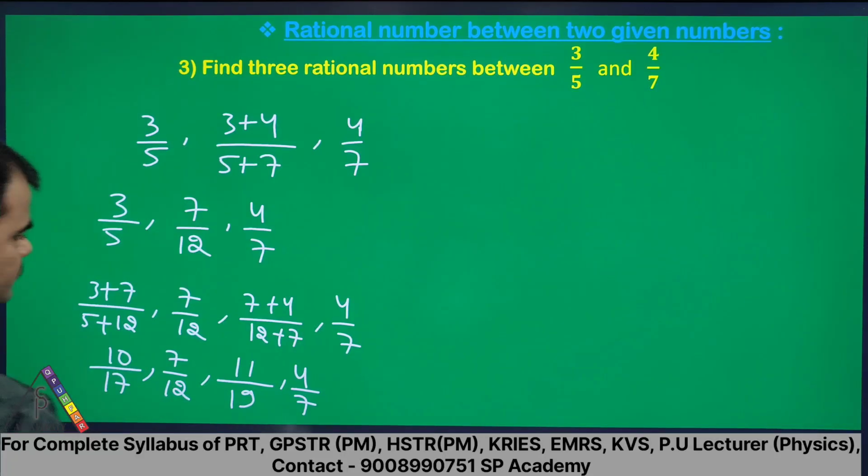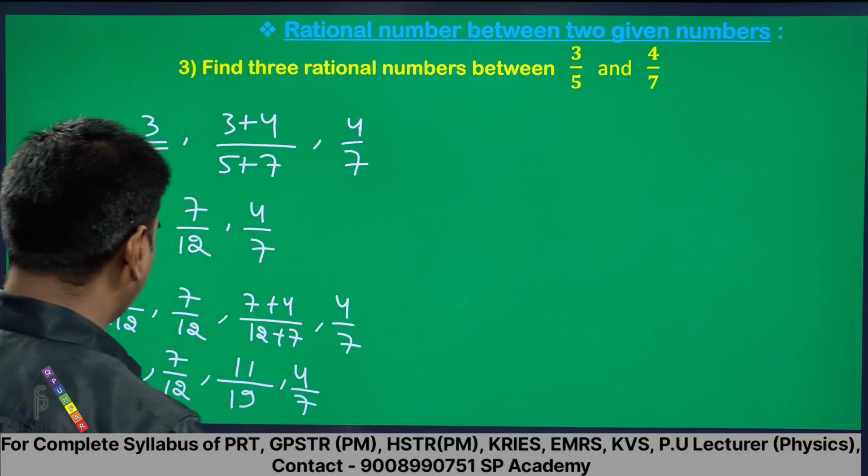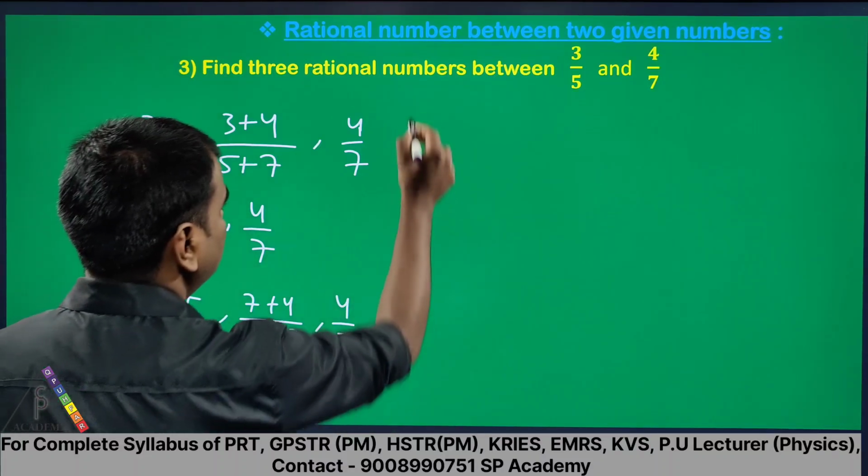Again we will find the rational number between any two of these numbers.